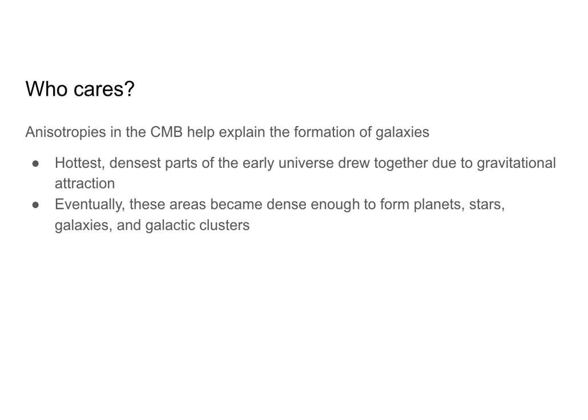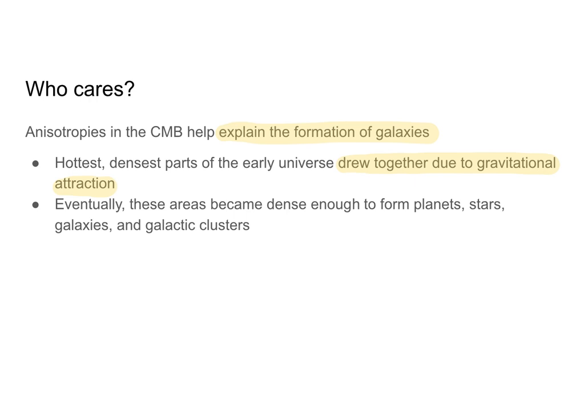Who cares? Hopefully, you care, because the anisotropies in the cosmic microwave background explain the formation of galaxies. Because what happens is those anisotropies mean that there were some parts of the universe that were slightly hotter, slightly denser than other parts of the universe. Those hot, dense parts of the early universe drew together due to gravitational attraction.